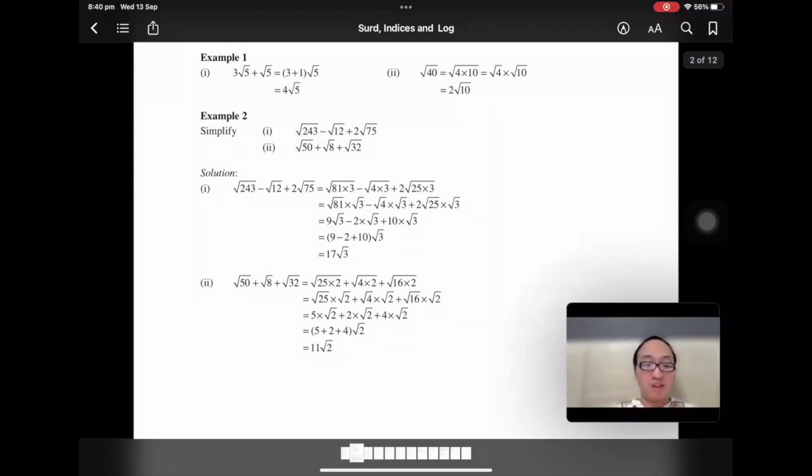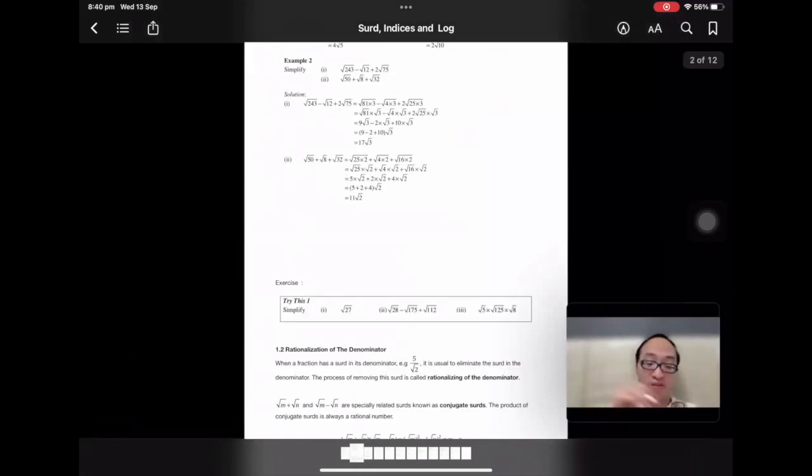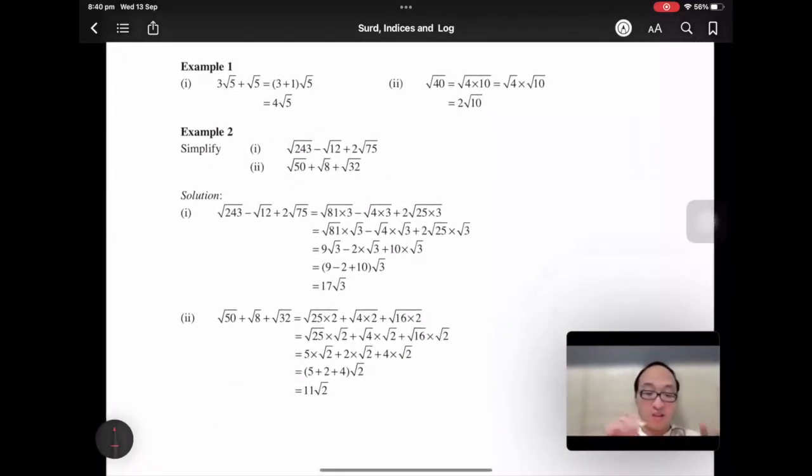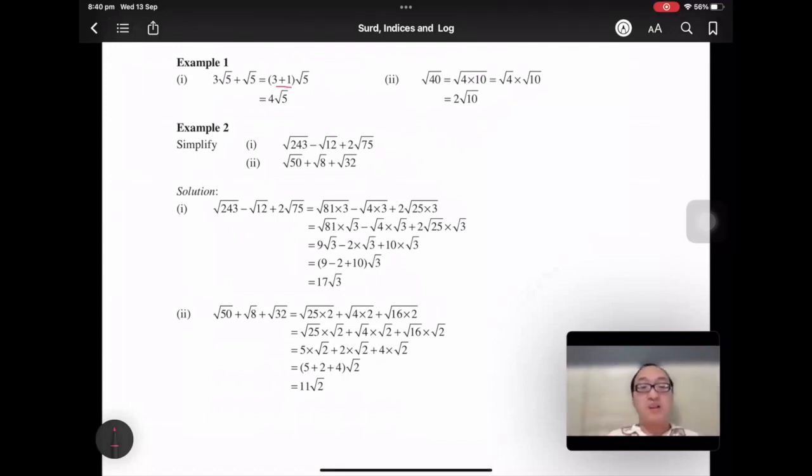Now we try to see examples one by one, and we apply all the rules that we have learned before. For example 1, 3 root of 5 plus root 5. We can combine the root 5 into 3 plus 1 of root 5, so it equals 4 square root of 5. And for the second one, square root of 40 can be expressed as the root of 4 times root of 10.